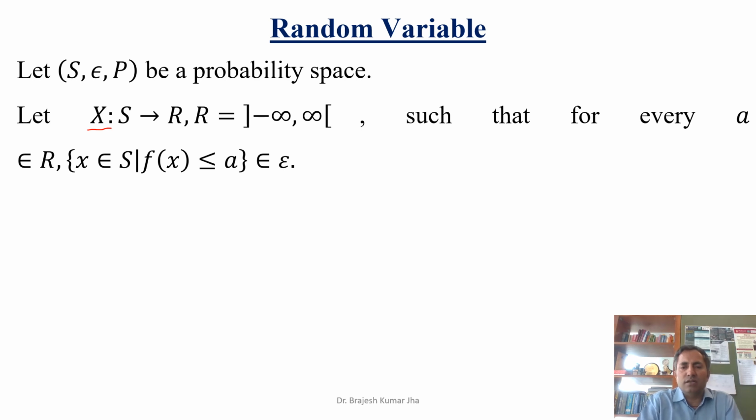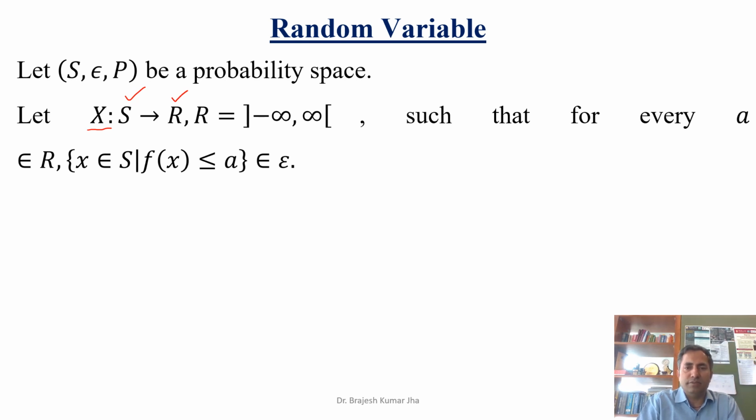It is actually a mapping from S to R, where S is the sample space, the set of all possible outcomes, and R is the set of real numbers, defined from minus infinity to plus infinity. So basically what we do in a random variable, we assign each and every outcome, that is, each element of the sample space, to a particular number.